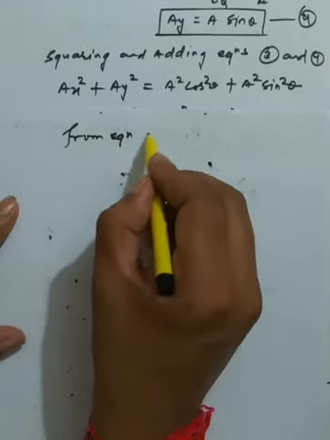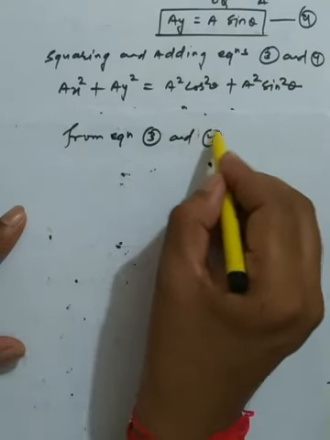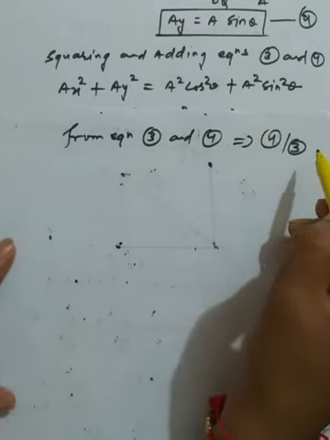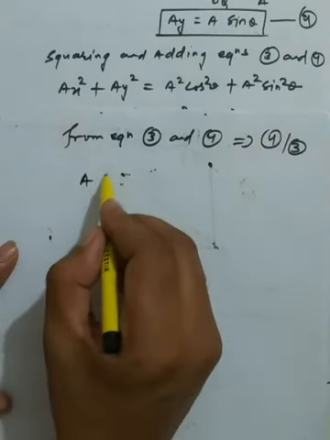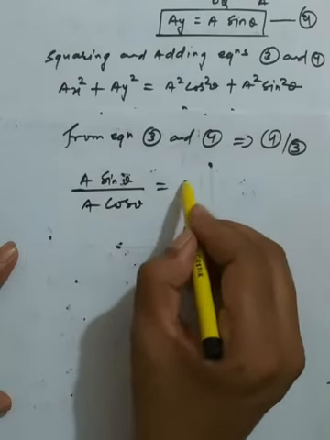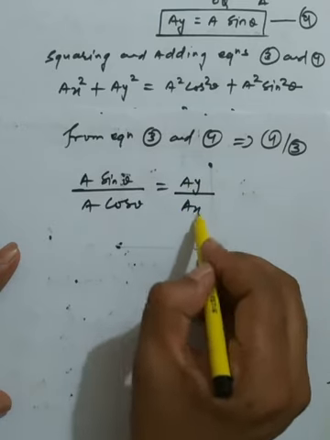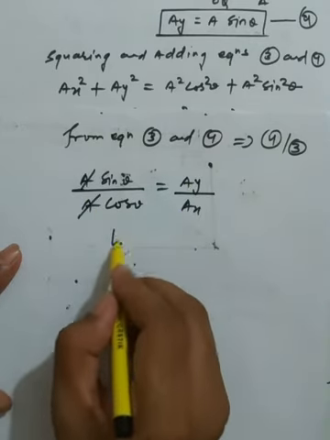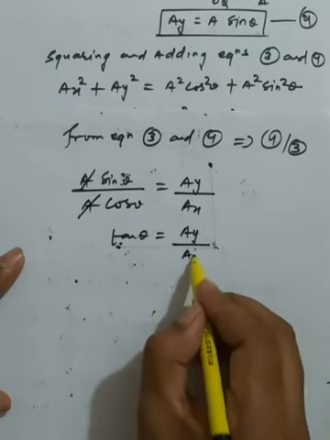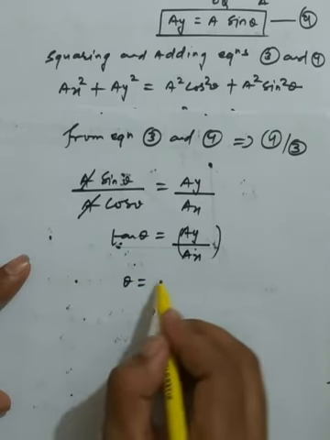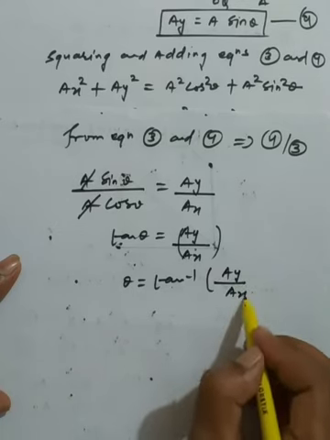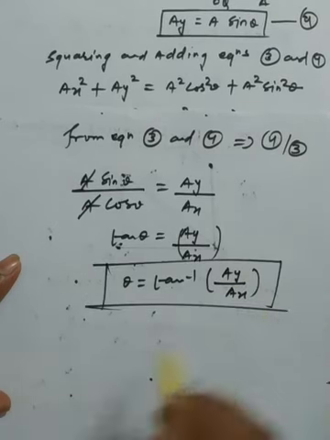From equations number 3 and 4, what we want to do is take the ratio of 4 to 3. So we get A sine theta divided by A cos theta, that is AY upon AX, and sine theta upon cos theta is tan theta, and tan theta gives the direction of the vector A with respect to the x-axis. Theta is equal to tan inverse of AY upon AX. So this is the representation of the direction.